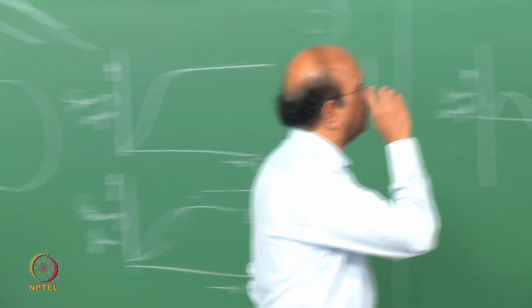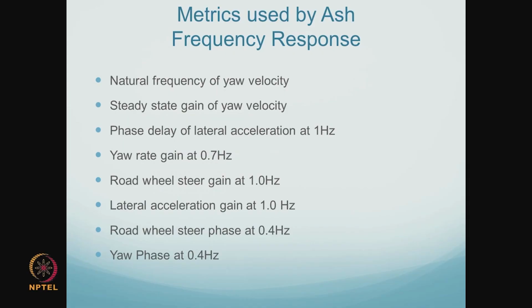So for example, natural frequency, steady state gain of yaw velocity, phase delay at 1 Hertz is fine. Then they also introduced yaw rate gain at 0.7 Hertz. Road wheel steer gain, steering wheel to road wheel, at 1 Hertz. Lateral acceleration gain at 1 Hertz.